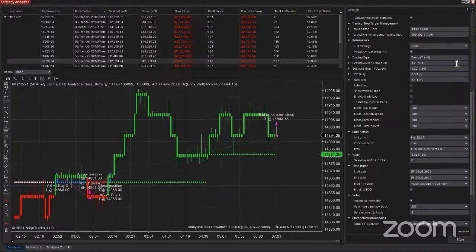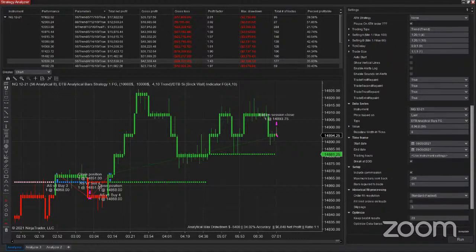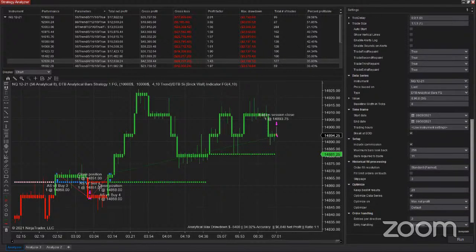You can obviously go and increase these ranges. Just bear in mind it's going to increase the iterations that the strategy is going to be running. Okay. And I've made true all the repaints and everything on this one, because that also increases the amount of iterations that the strategy runs. So that's important.